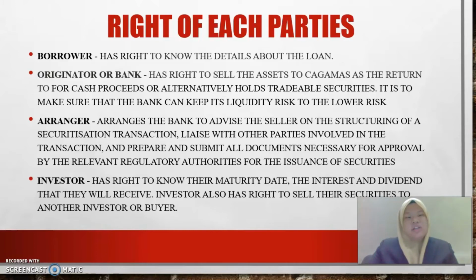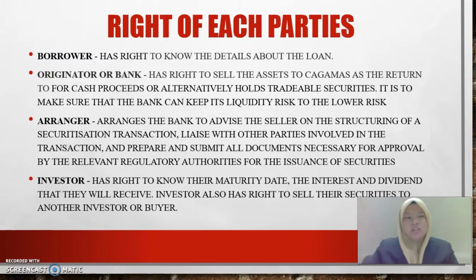The originator, or bank, has the right to sell the assets to Cagamas in return for cash proceeds or alternatively hold tradable securities. It is to make sure that the bank can keep its liquidity risk low.